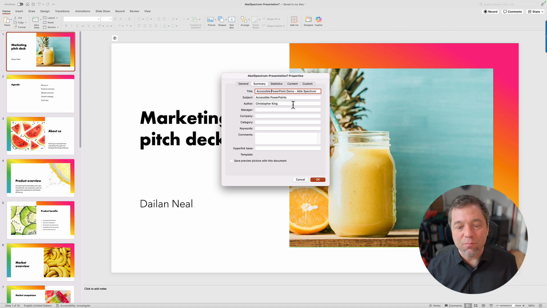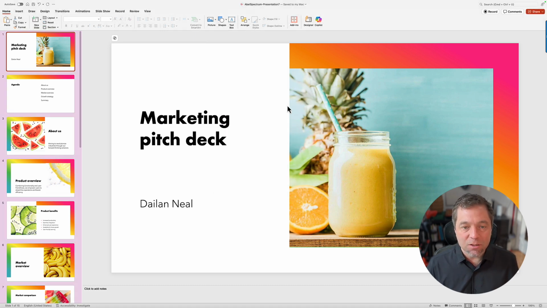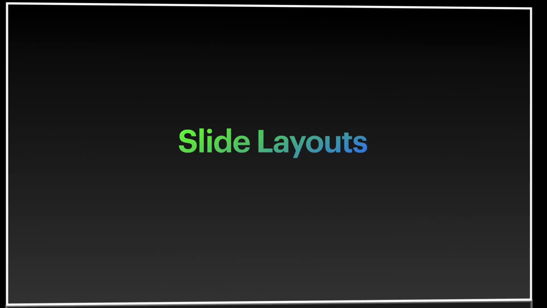Subject is accessible PowerPoints, and the author is Christopher King. Those are the main things you'll want to communicate. The rest of them you can add if you'd like. Keywords, up to you. Select OK. This way, assistive technology will announce the title of your presentation rather than just the file name, which oftentimes doesn't add much useful information for people.